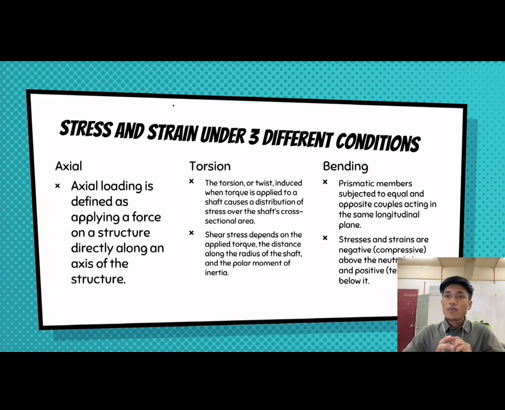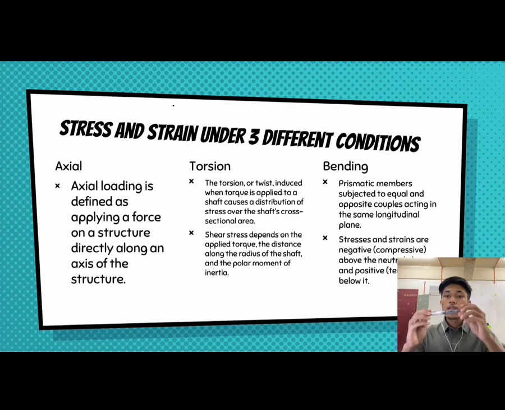So the third one, I will talk about bending. How are stress and strain defined in bending? It is a prismatic member subjected to equal and opposite couples acting in the same longitudinal plane.